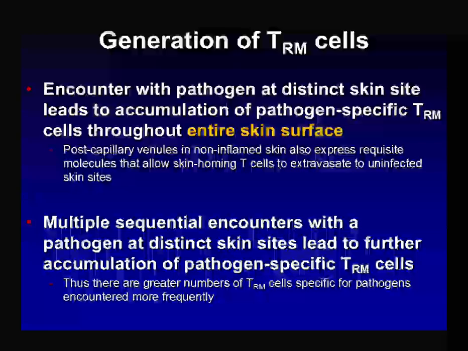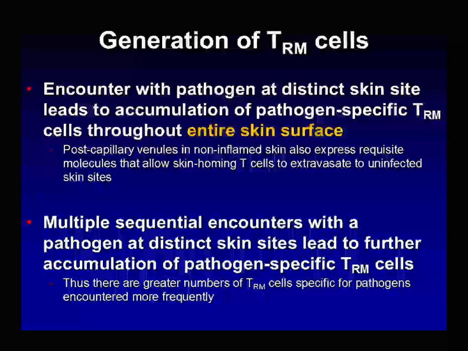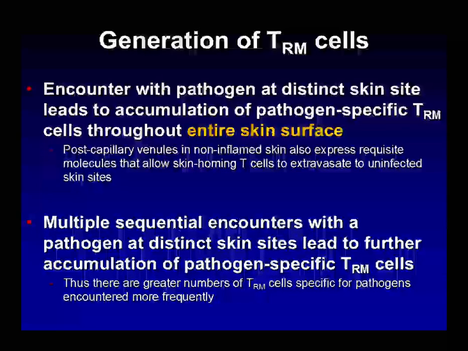So again, the immune system recognizes that, okay, if this pathogen tried to enter this site in the skin, there's probably no reason why it can't later on try to enter another site in the skin.